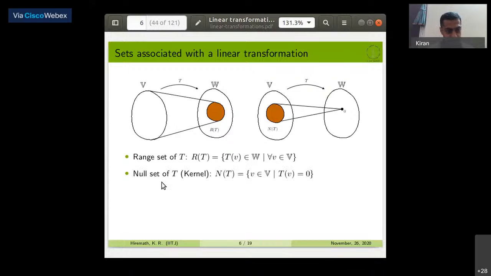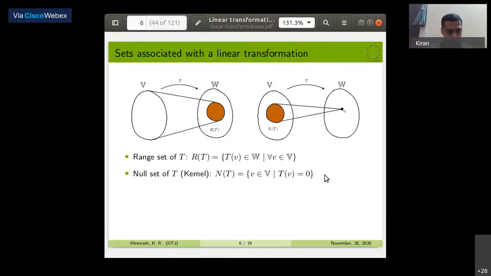Same case with the null space of T. The other name for it is the kernel. It is the set of all elements of V which are mapped to 0 in W. So these are some of the important sets associated with a linear transformation.